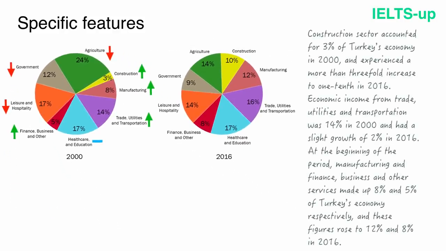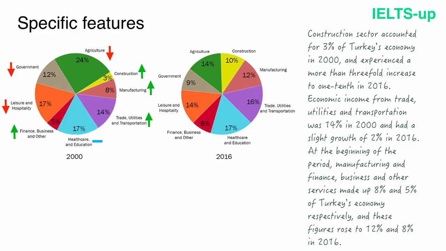And here is my first paragraph. Construction sector accounted for 3% of Turkey's economy in 2000 and experienced a more than threefold increase to 1/10 in 2016. Economic income from trade, utilities and transportation was 14% in 2000 and had a slight growth of 2% in 2016.